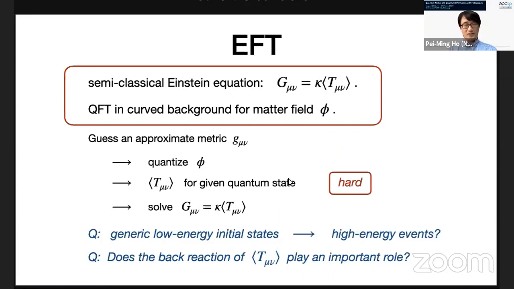But basically, you're supposed to give a good guess about this energy momentum tensor for a given background. And then you can plug it into the right-hand side of this Einstein equation, solve it again, and check whether the initial guess is a good guess. If there is a small deviation, you can include that deviation and repeat the process.